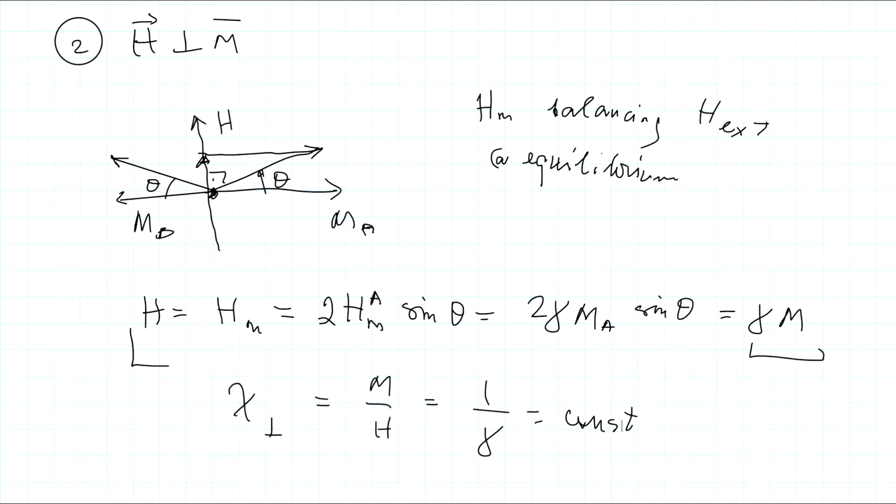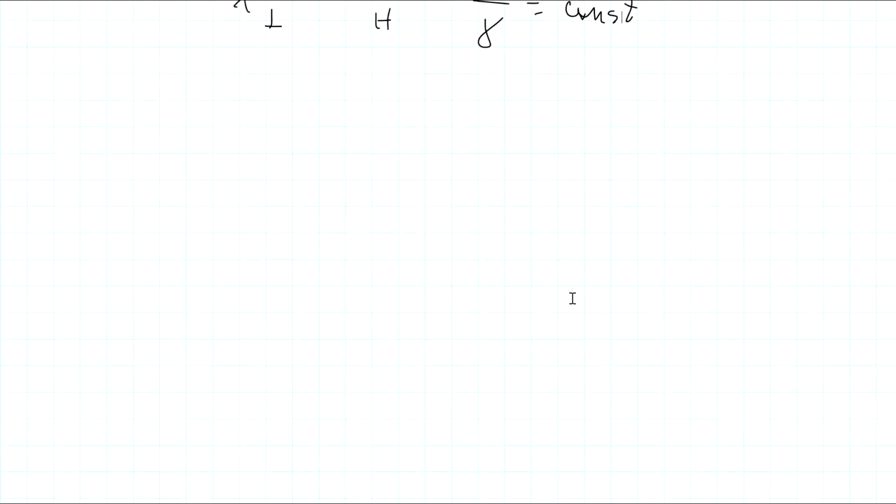So what it means is that if you apply a magnetic field perpendicular to the sublattices, the two sublattices just tilt, and the induced magnetization is proportional to the magnetic field. Let's plot it.